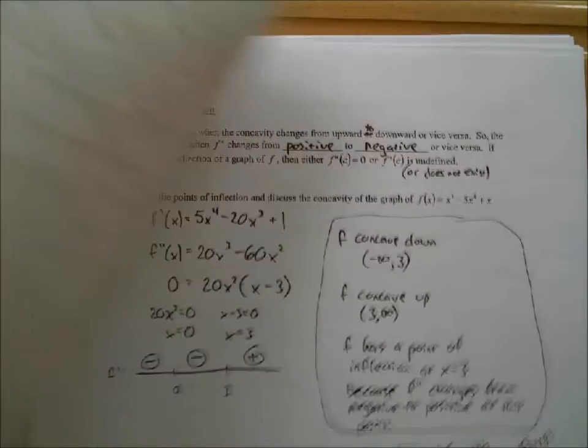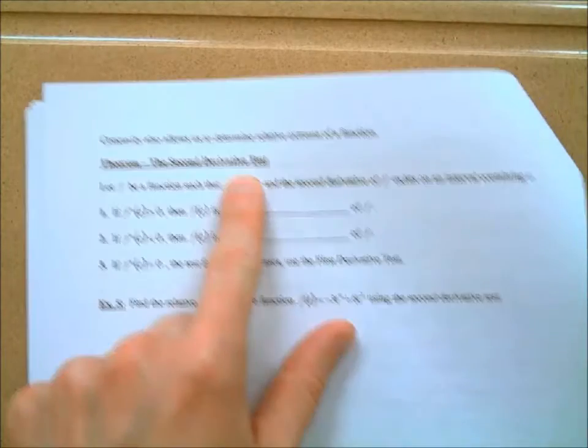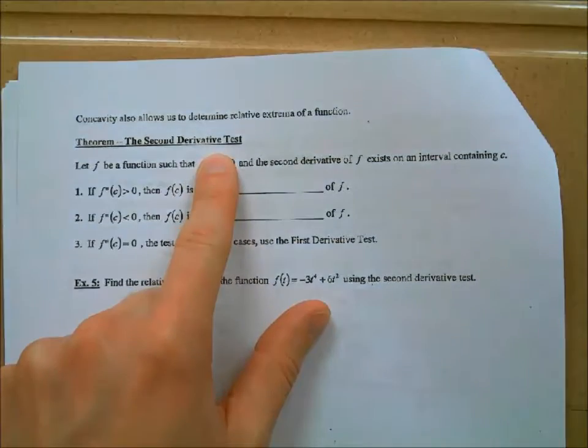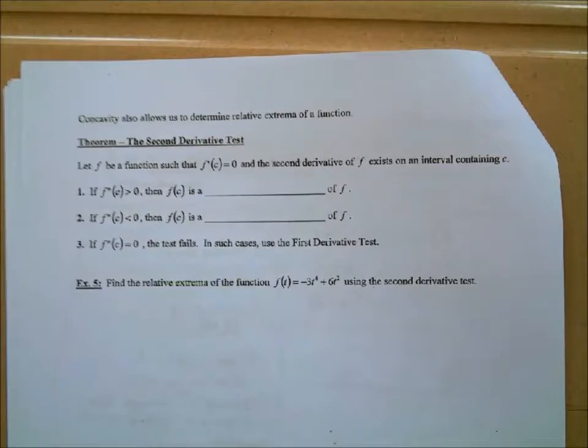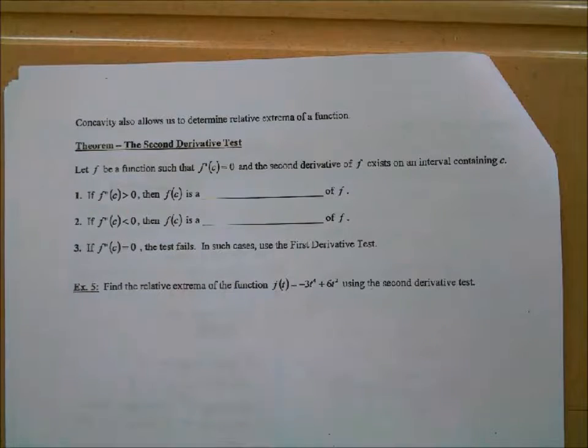Well, now introducing the second derivative test, which is also used to find relative extrema of the original function, but instead of using the first derivative to determine the relative extrema, we're going to use the second derivative. Now, let's think about this.